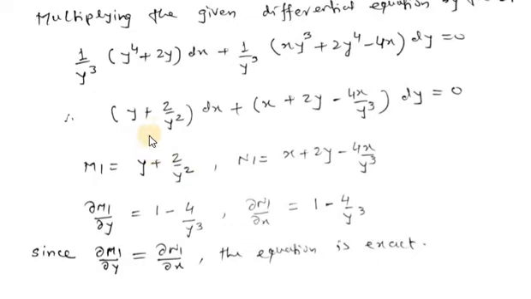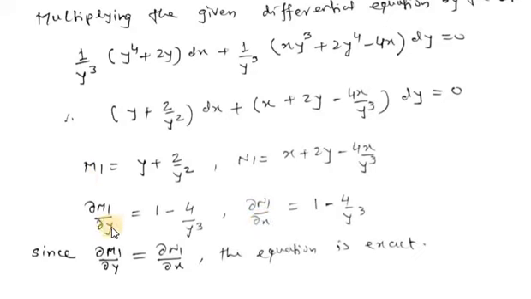Now comparing this with the standard form, m1 dx plus n1 dy equals 0, we have m1 as y plus 2 upon y square, and n1 as x plus 2y minus 4x by y cube. Now we will find the partial derivative of m1 with respect to y and the partial derivative of n1 with respect to x.